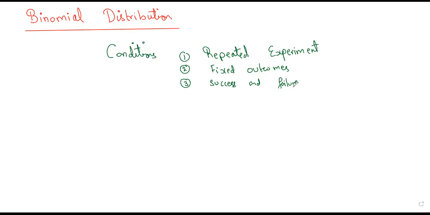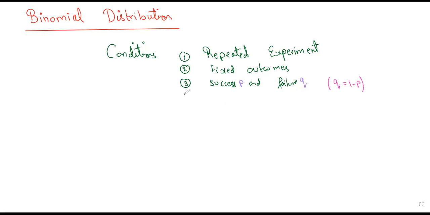I've told you earlier as well, we do 1 minus the probability of getting 6, and that would give me the probability of not getting 6. So for success, we use the alphabet P, and for failure, we use the alphabet Q. And always remember that Q is equal to 1 minus P, or P is equal to 1 minus Q. Whatever it is, if you have failure, you can find success. If you have success, you can find failure.